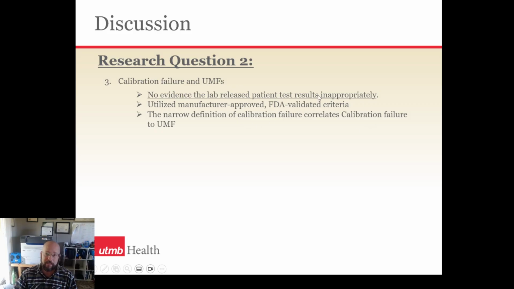So there are ways for the laboratory to correct the calibration, whether it's recalibrating or whether the calibration data meets secondary criteria that we did not evaluate, that would allow the laboratory to release clinically relevant laboratory testing. But what I'm looking for is, can we use more rigorous criteria to detect mechanical failures?